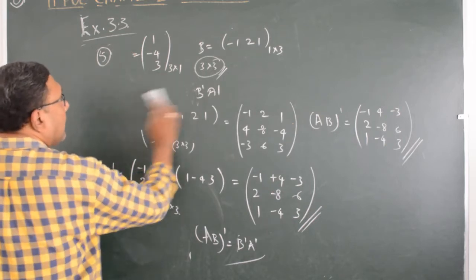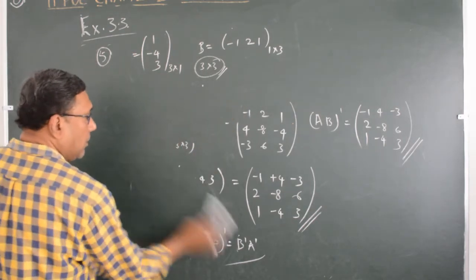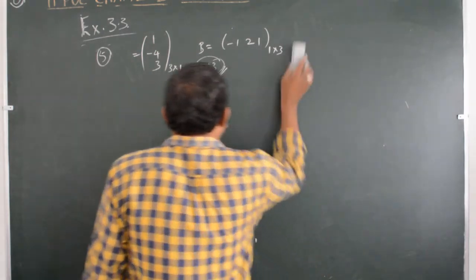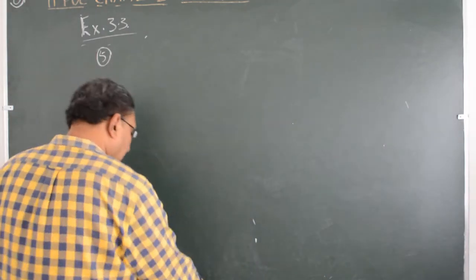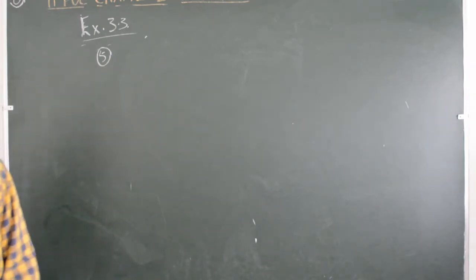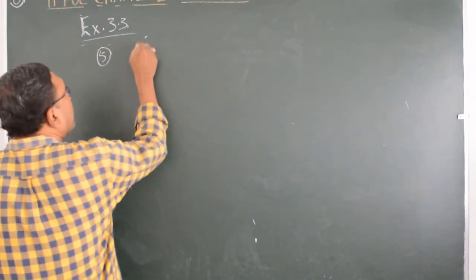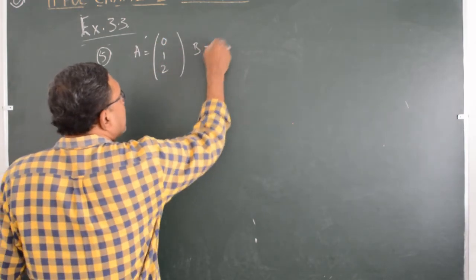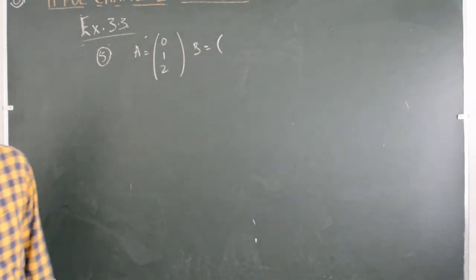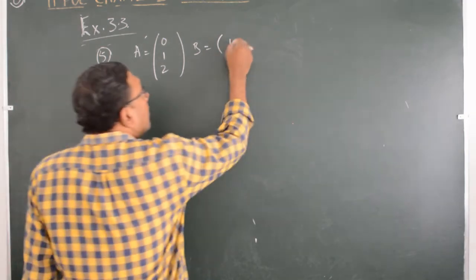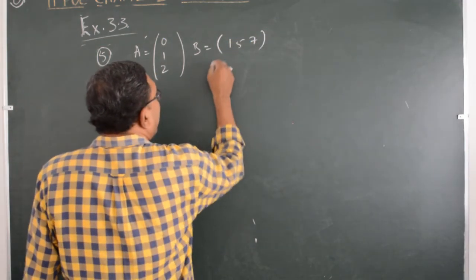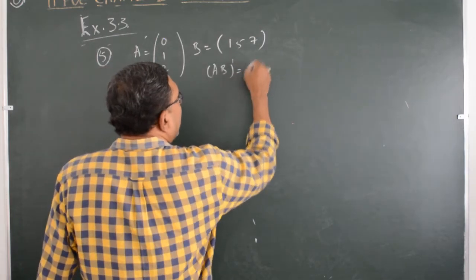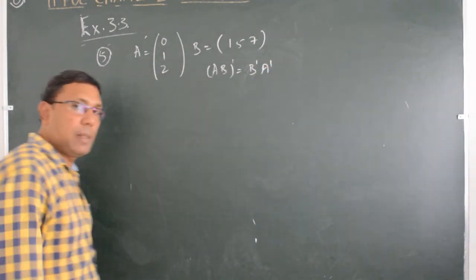There is also a second question, second matrix given. Two matrices are given, we have to go in the same manner. Let us find what is the result for that. A is equal to 0, 1, 2 and my B is 1 5 7. So again we need to find AB transpose is equal to B transpose, A transpose, right?